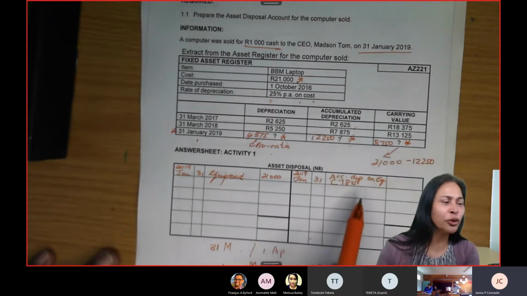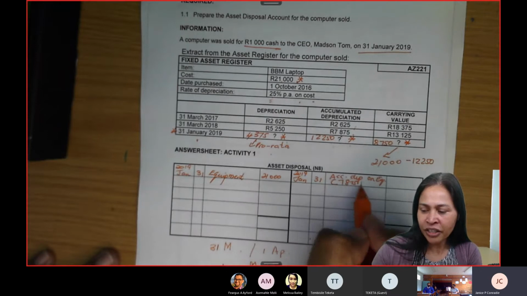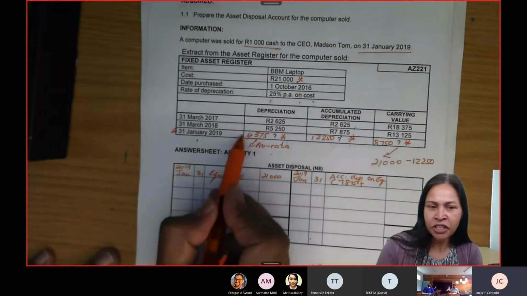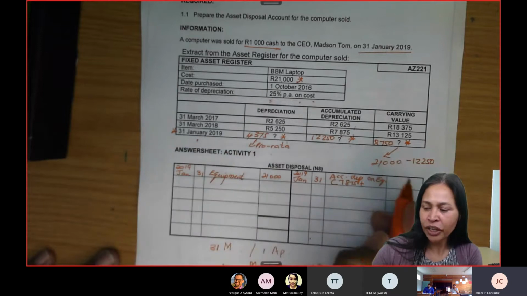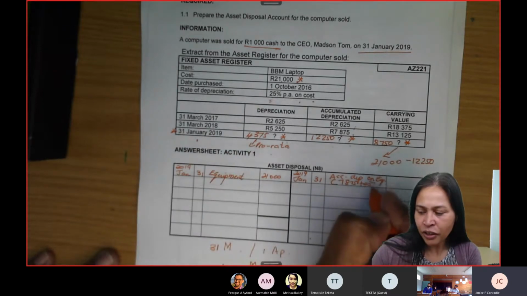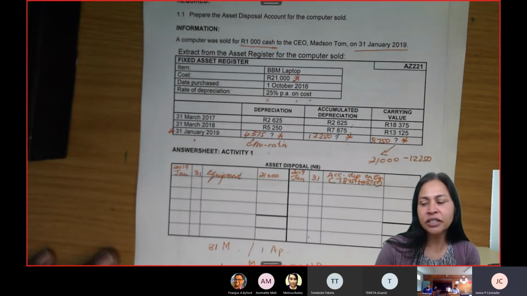And don't mind my hand, I think I'm going to show you this on the PowerPoint as well. Then we added, now this is where this one comes in, that pro rata depreciation that we've calculated there. We're going to add that in order to get our total depreciation that we have.